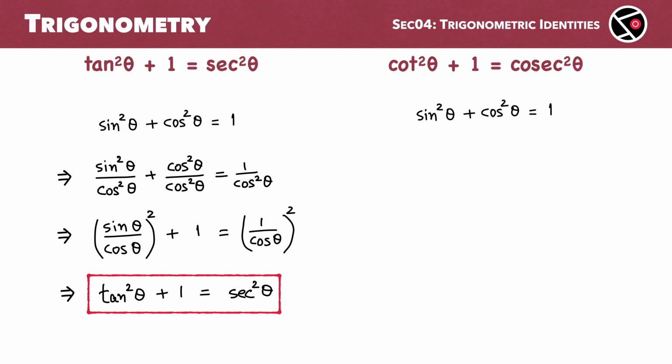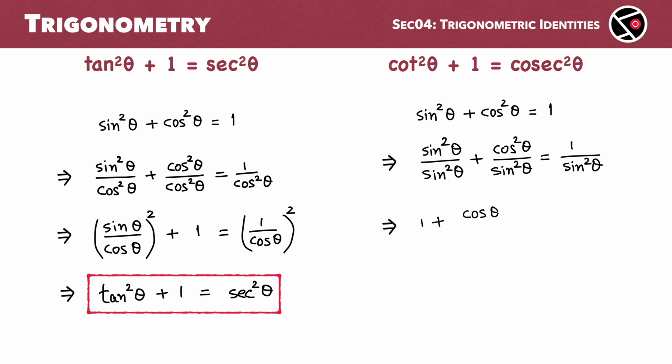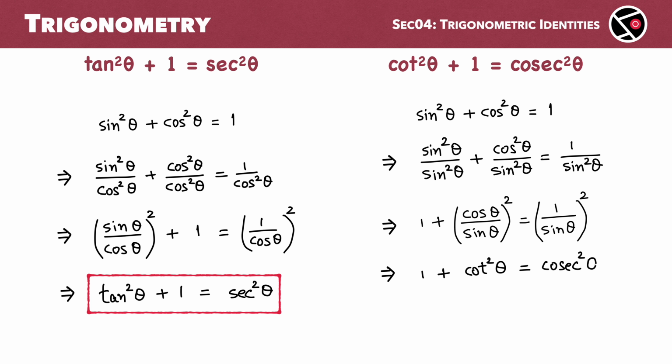This time, we divide both sides by sin² and we get cos by sin is cot and 1 by sin is cosec. So we have cot²θ plus 1 equals cosec²θ. And we are done.